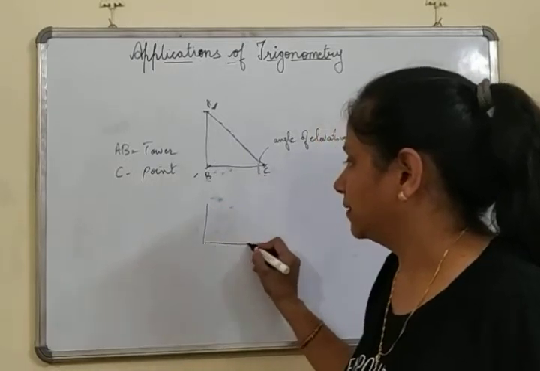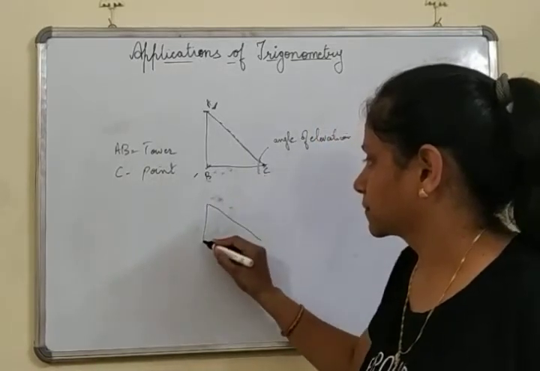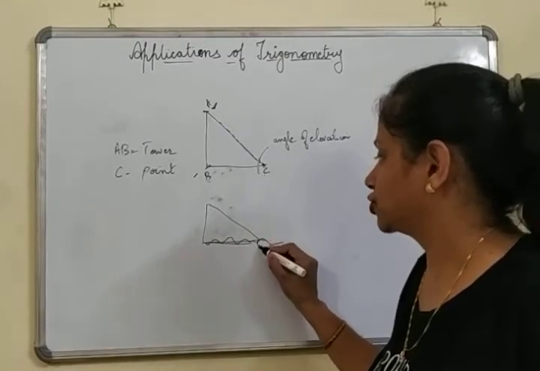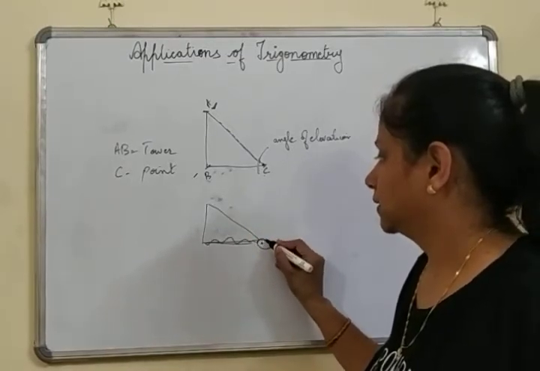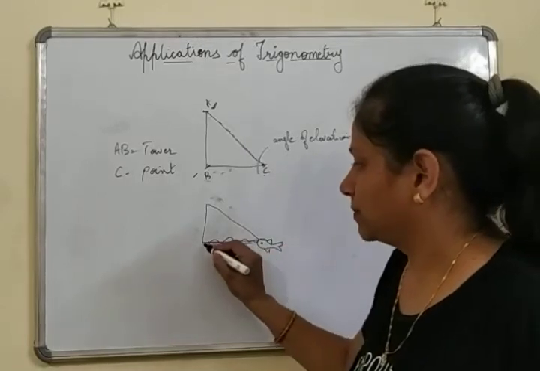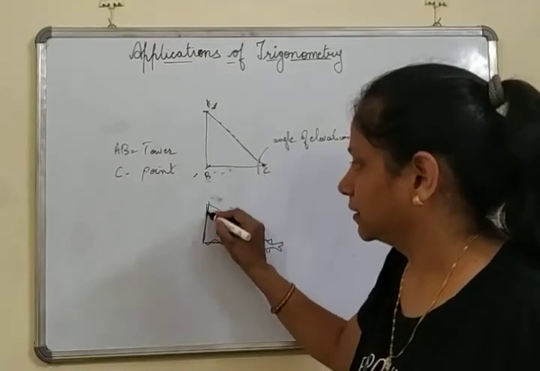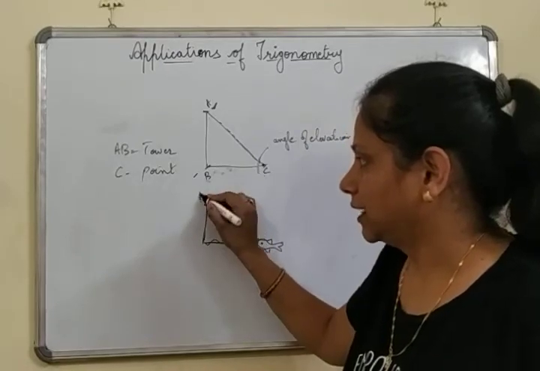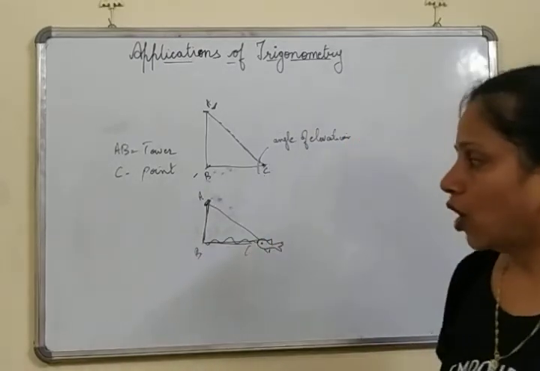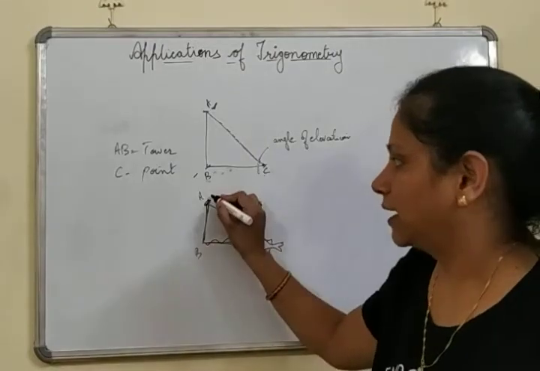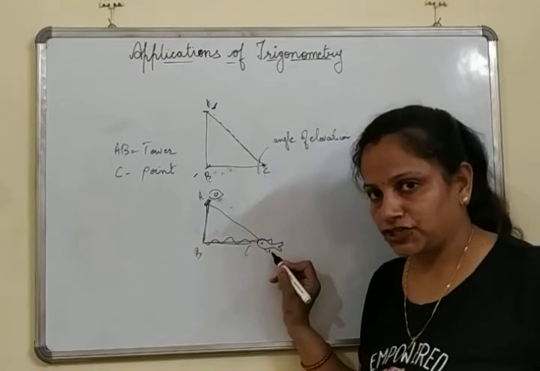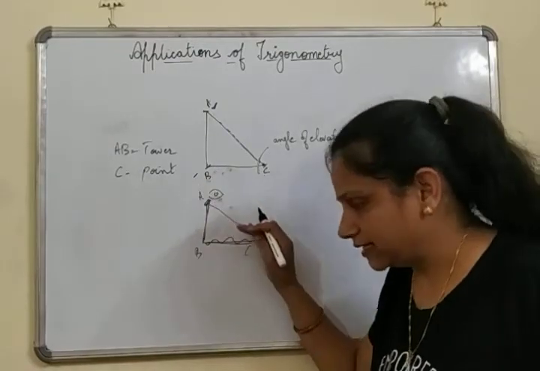Say for example this is a stream और यहाँ पर there is any fish, right? स्ट्रीम है और यहाँ पर आप खड़े हैं किसी बोट में ऊपर, यहाँ पर you are here, let it be A, B and C, और आप यहाँ ऊपर से, this is your eye, आप यहाँ से you are watching at this fish. अब यहाँ से आप ऊपर से नीचे की तरफ देख रहे हैं ना.